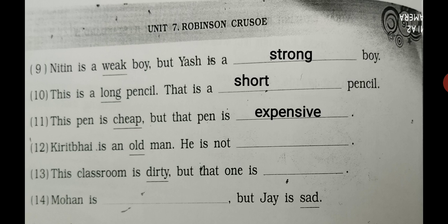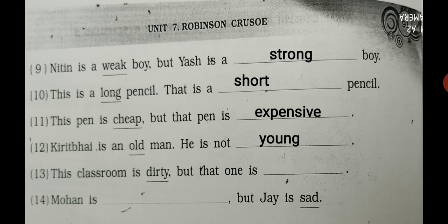But whenever we are talking about things, then at that time we write new as the opposite of old. So here we are talking about the age of a person. That's why we use young as the opposite of old.